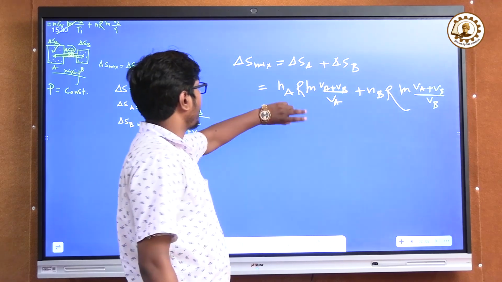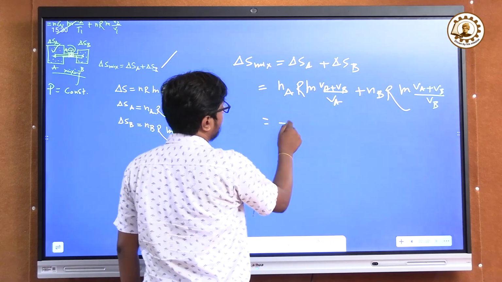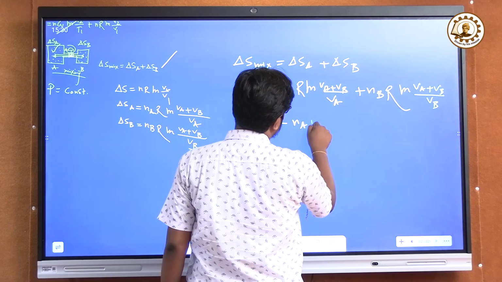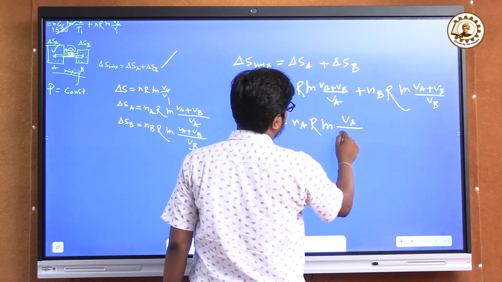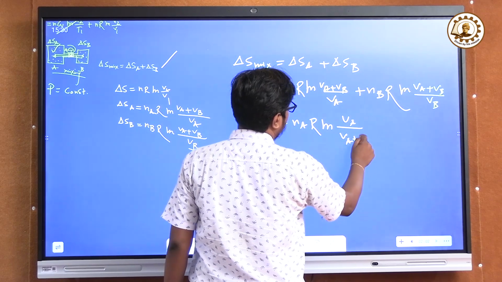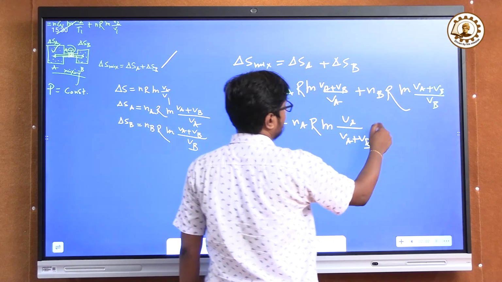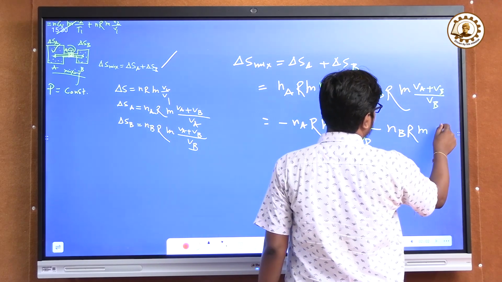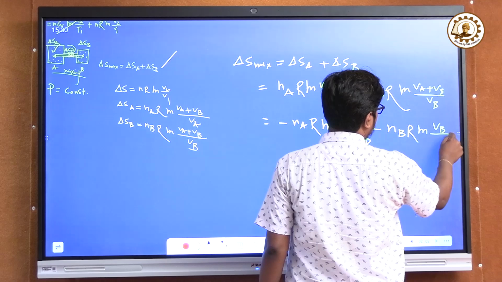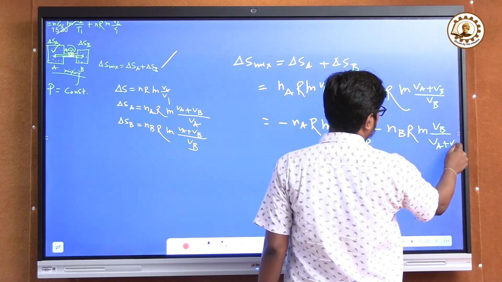Now we take the inverse of the log, so a minus has come out: minus nA R ln of VA by (VA plus VB), and similarly minus nB R ln of VB by (VA plus VB).